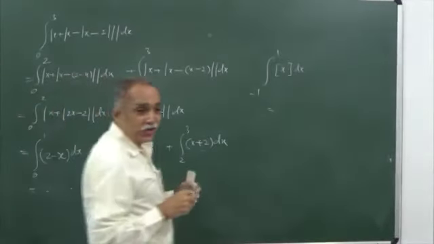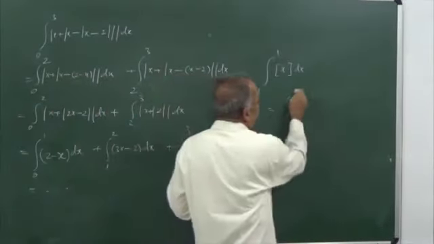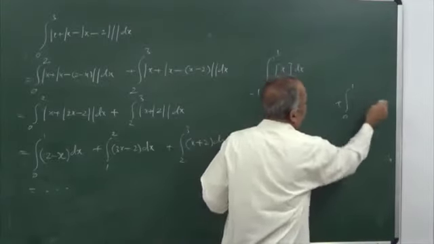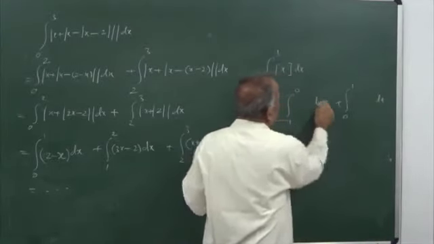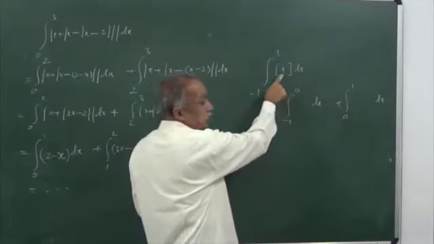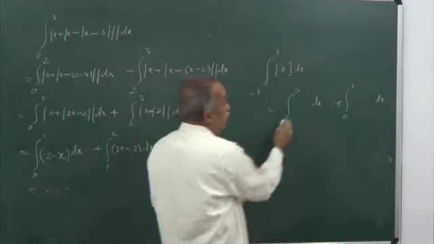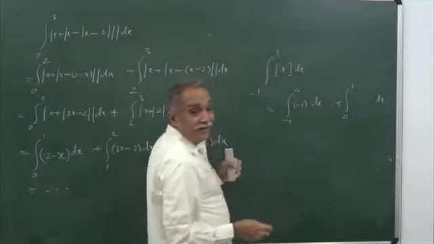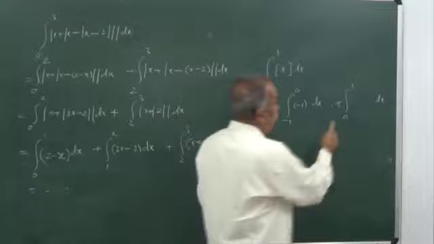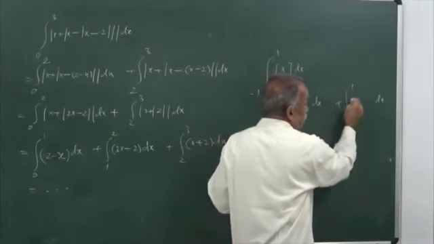Minus 1 to 0, 0 to 1. In the interval minus 1 to 0, integer part is minus 1. In the interval 0 to 1, integer part is 0.